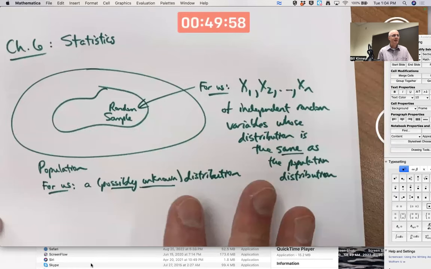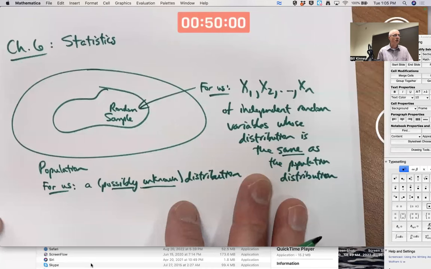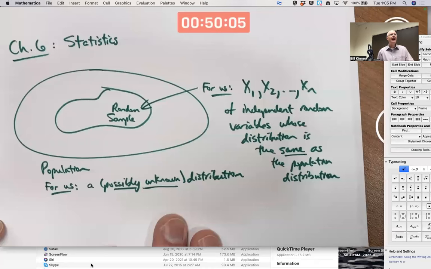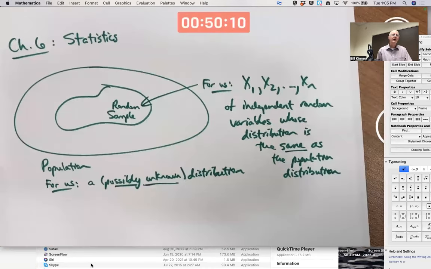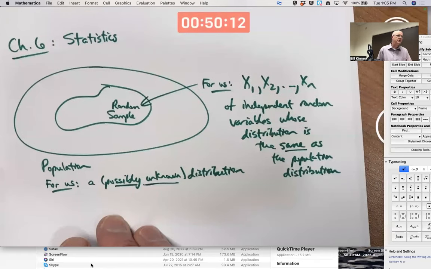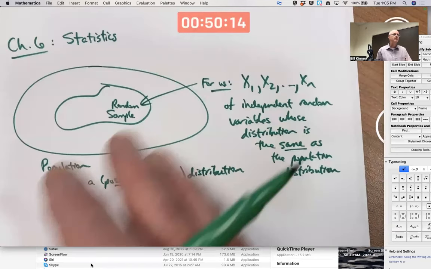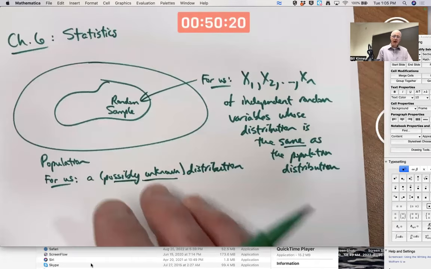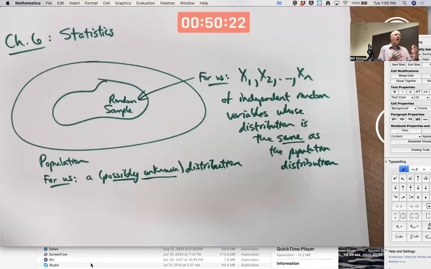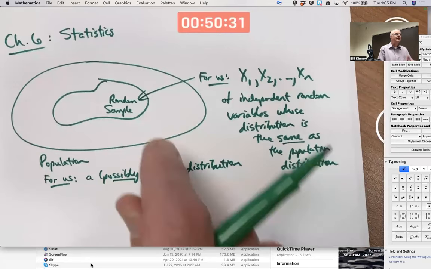And that would mean all these x's are also normal with the same mean and same variance. So we are thinking about it more abstractly than you would in a business stats course. In business stats, we do talk about random variables, but when we talk about populations and samples, we are more literally thinking in terms of populations of people and a sample of people, or populations of companies and a sample of companies, or a population of some product, like all the hammers that have been made in the last year in the entire country, and you take a random sample of actual hammers.